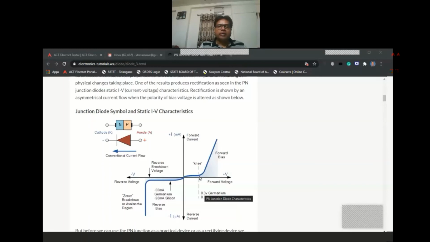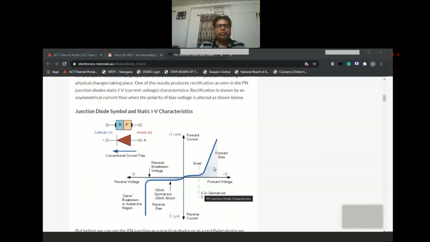And in the case of a diode, the forward current simply increases with increase in voltage, and after breakover of the junction it conducts and current increases.